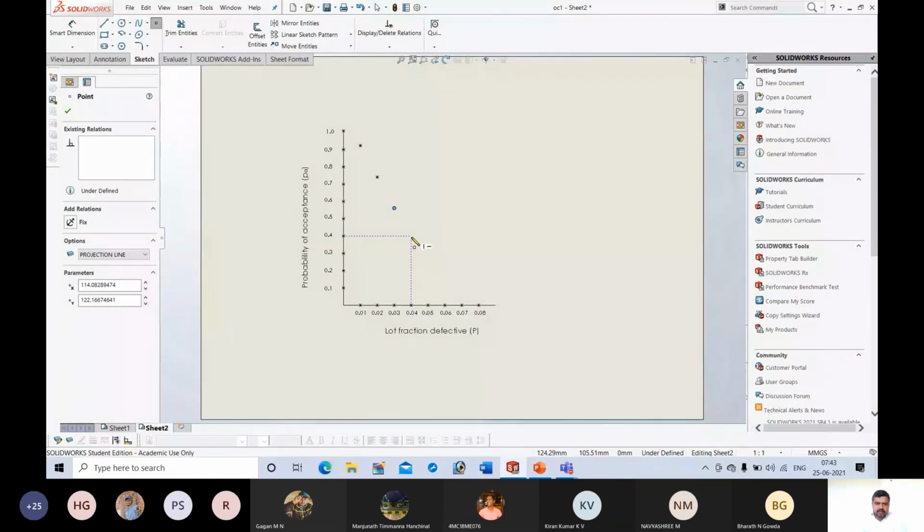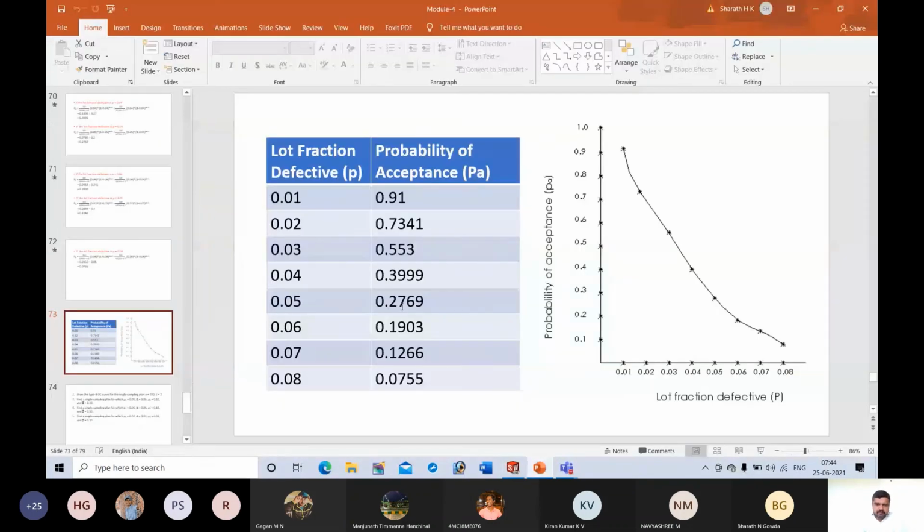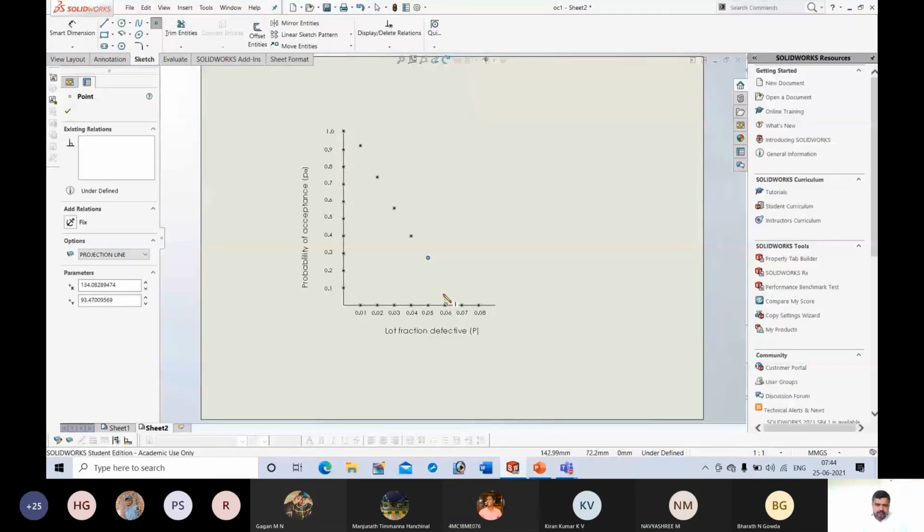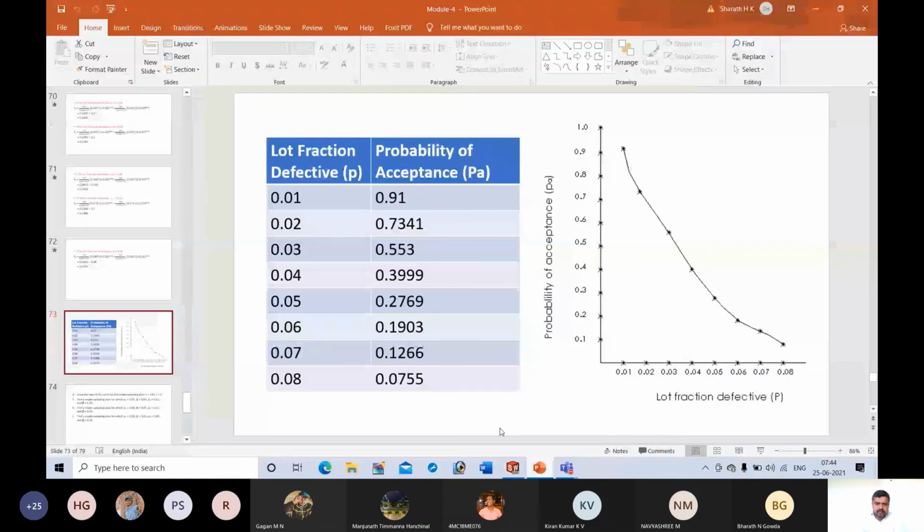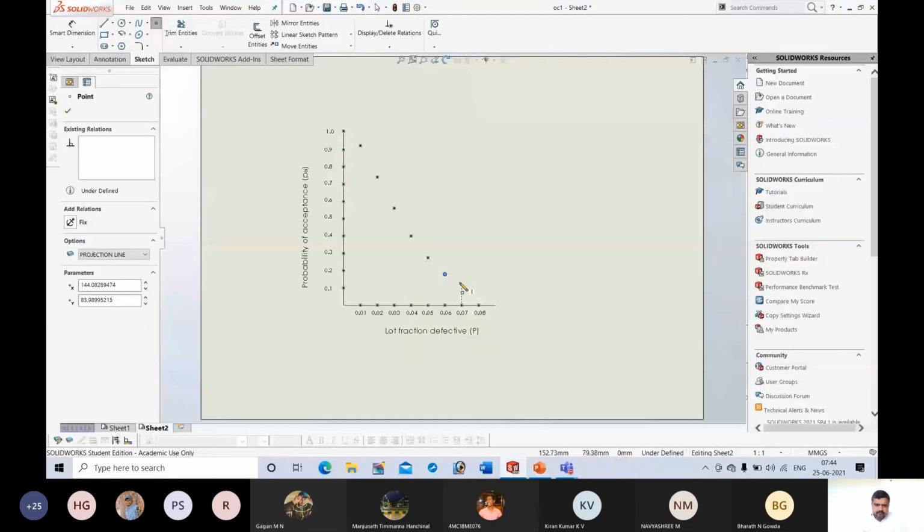Next, 0.05, 0.276. Next 0.06, 0.19. Next 0.07, 0.126. Next for 0.08, 0.0755.